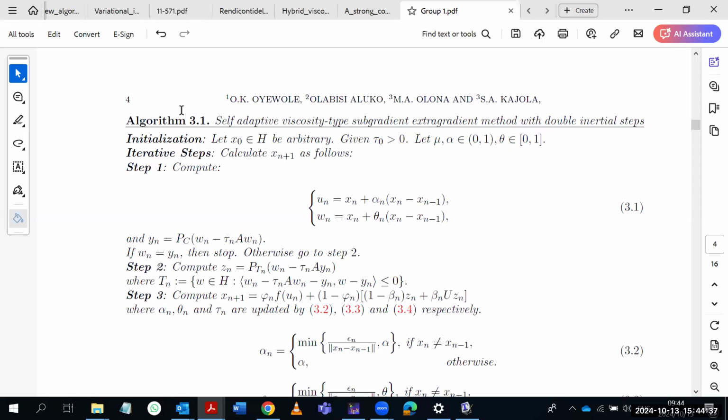But x0 alone, where will x1 come from? So it should be x0 and x1 in H be arbitrary. So 2 points, the initial points, you must have two. Thank you. Okay, let us continue.